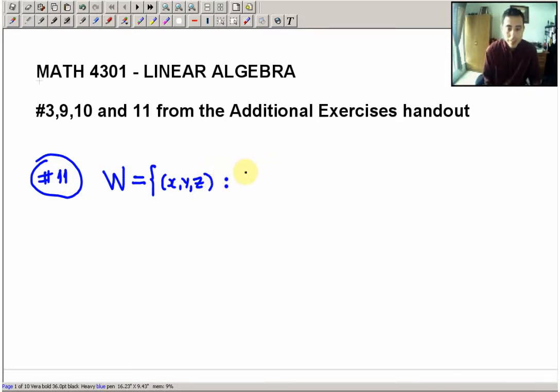What is the condition? The condition is that x, y, z, whatever they are, they need to obey this equation. So it's not all x, y, and z. It's some of them from R3, and not all of them will obey that equation.